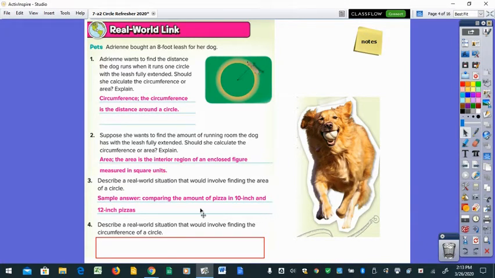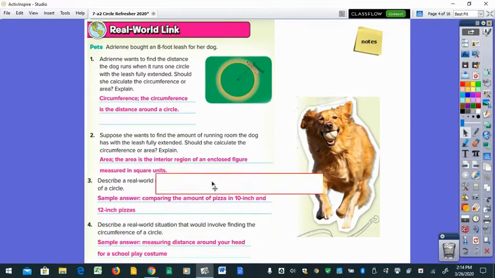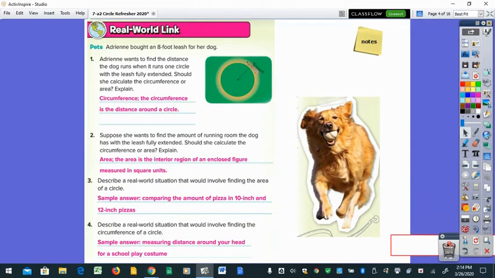You would want to calculate the area of both and compare them. Now, what would be an example in the real world of the circumference? Well, if you were buying a hat and needed to measure your head, you'd take a tape measure like we used a couple weeks ago, and you'd put it around your head, and you would be measuring the circumference or the perimeter of your head.